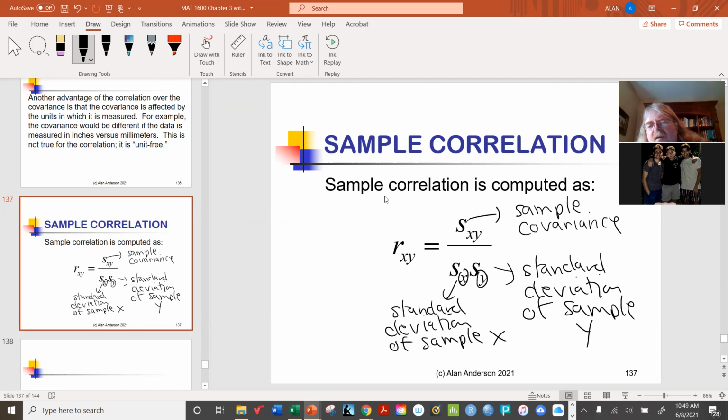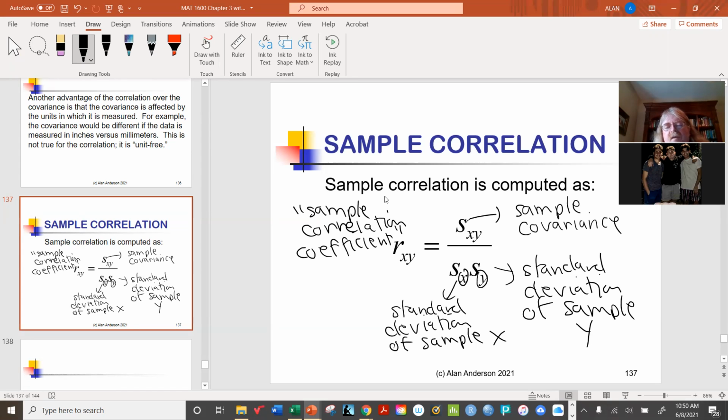We didn't have this before. Now over here on the left, this R with the XY, we call this the sample correlation coefficient, R with a subscript of X and Y. The two subscripts remind us that in this case, at least, this is the correlation because it's a relationship between two samples, not just one.